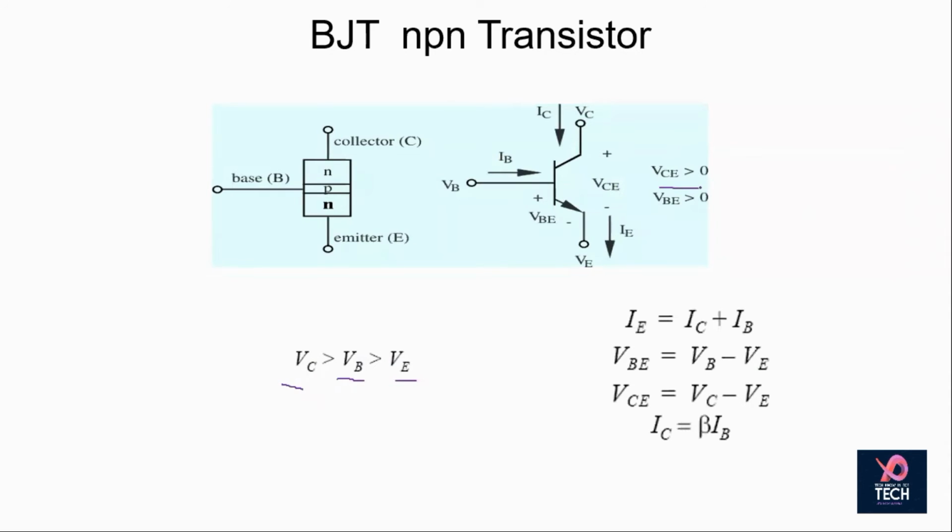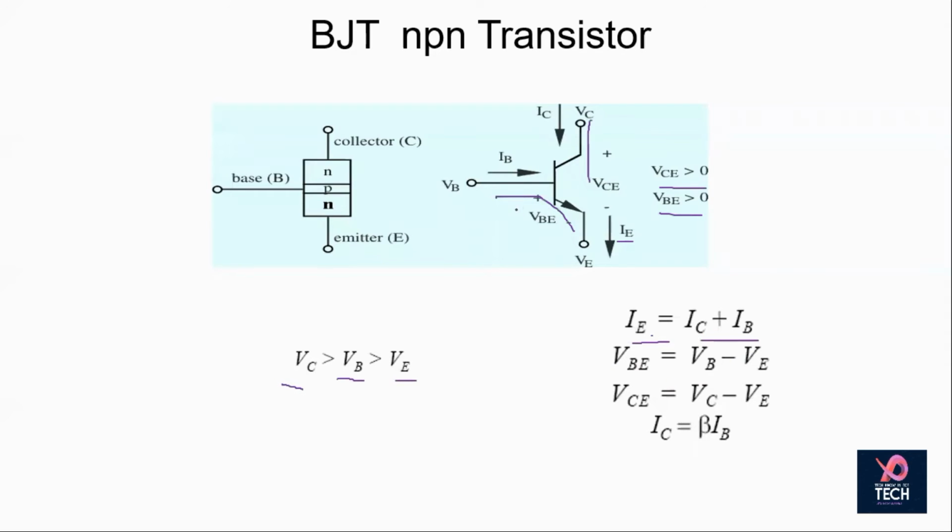Collector-emitter voltage is greater than 0, and V_BE is also greater than 0. Now your emitter current is equal to collector current plus base current. By Kirchhoff's current law, at a particular node, the sum of currents entering and leaving is equal. So this is leaving, this is entering.